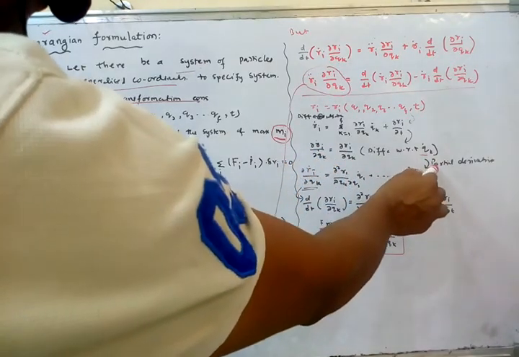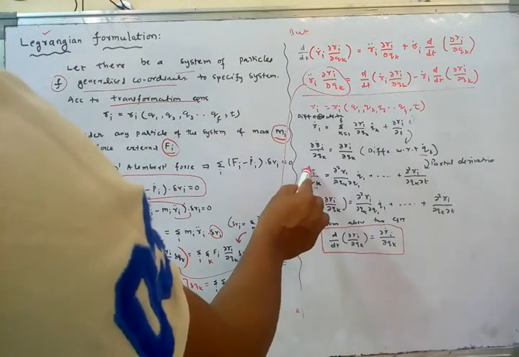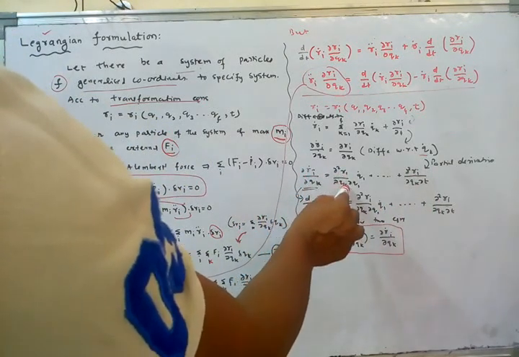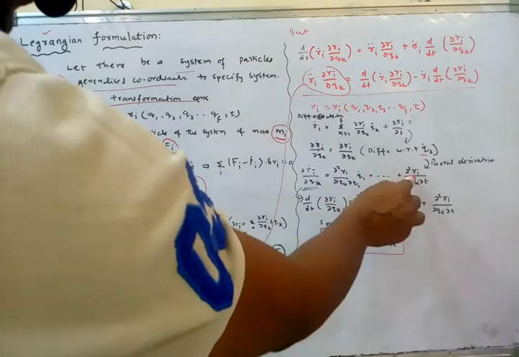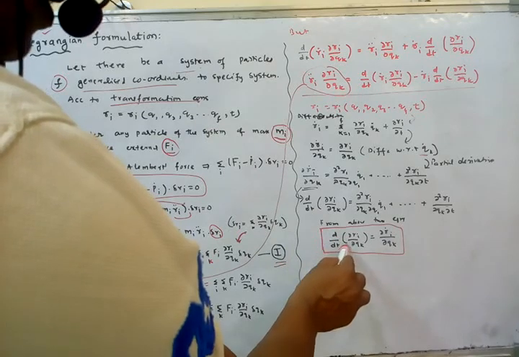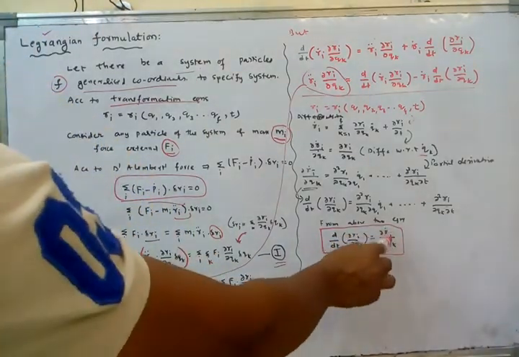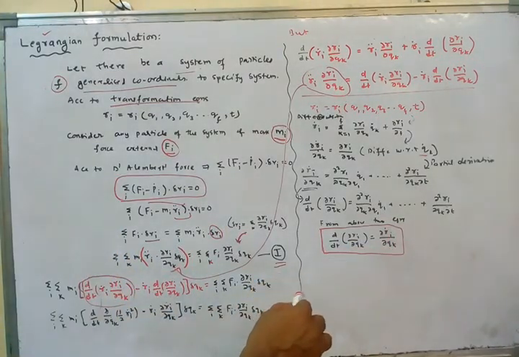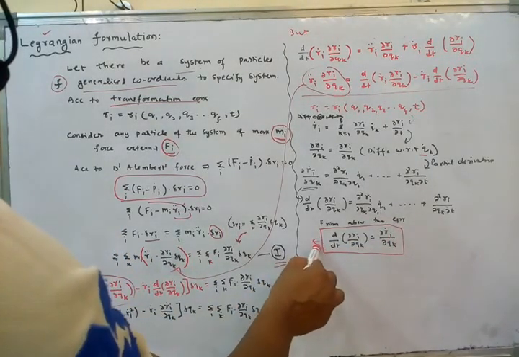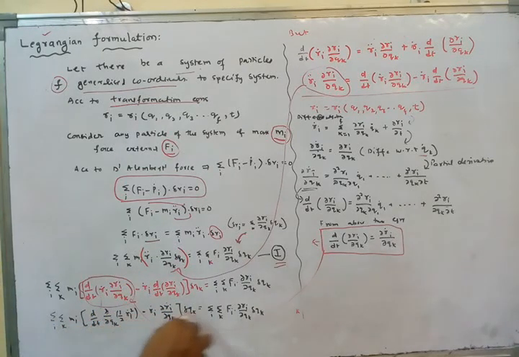Then taking the partial derivative, finally from these two equations, d by dt of dou Ri by dou qk equals dou Ri dot by dou qk. This is a simplification. Substitute here.